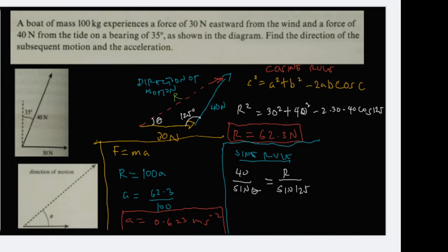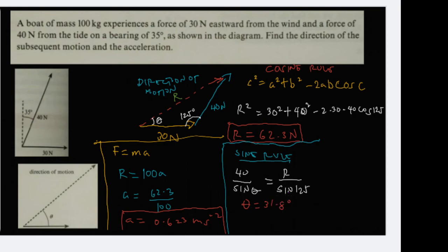Now, we're going to do cross multiplication and solve for the theta. Just use the calculator. So here, you'll be able to arrive at the theta. The theta here will be equal to 31.8 degrees.